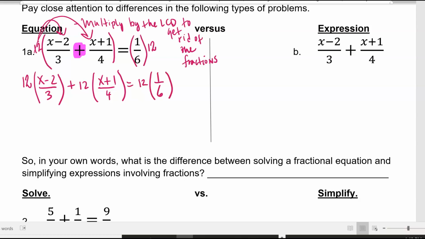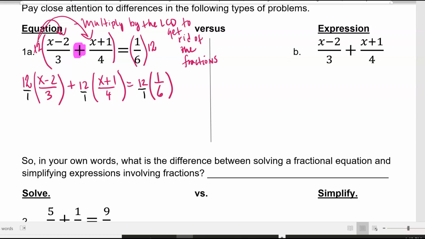Here's where we start canceling out things, because 12 is considered to be 12 over 1. Our 12 is in the numerator, but this 3 is in the denominator, for example. So that means 12 divided by 3, and that is reducible.